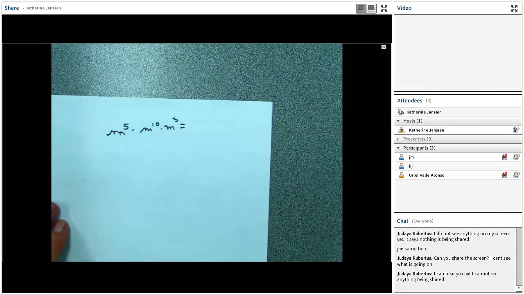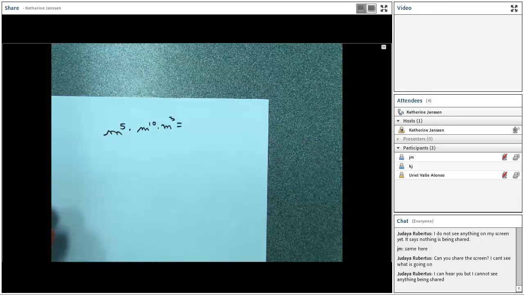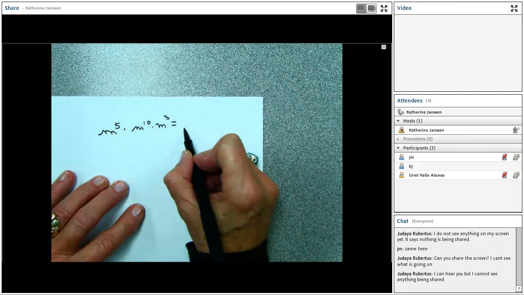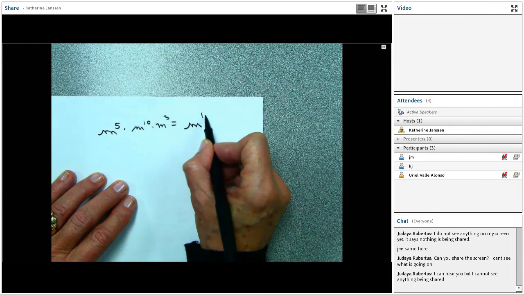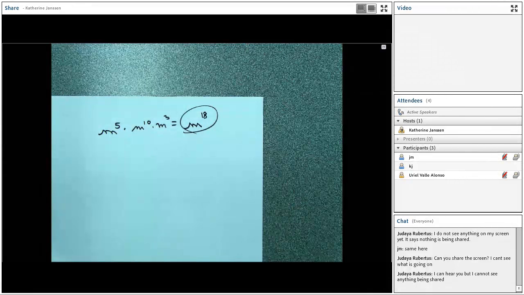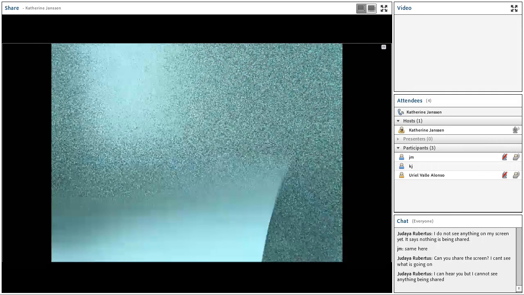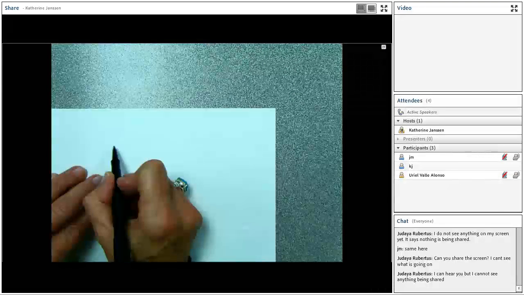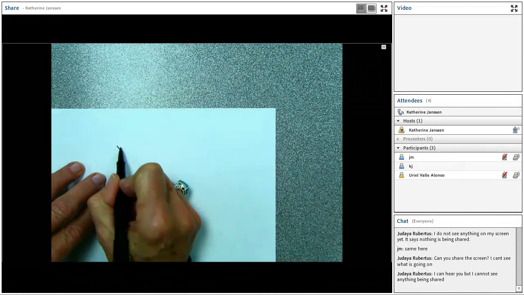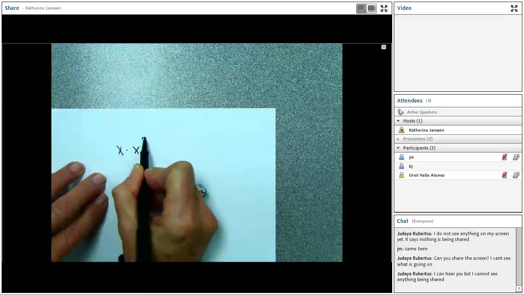Okay, m to the 5th times n to the 10th times m cubed would be m to the 8th n to the 10th. Product rule, same base, add exponents. X times x to the 8th.